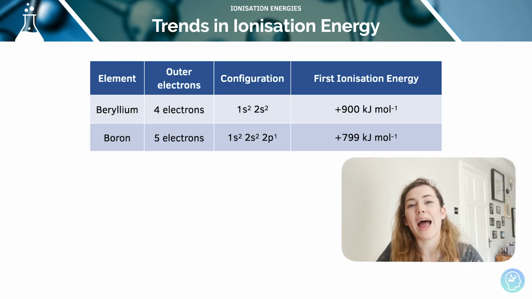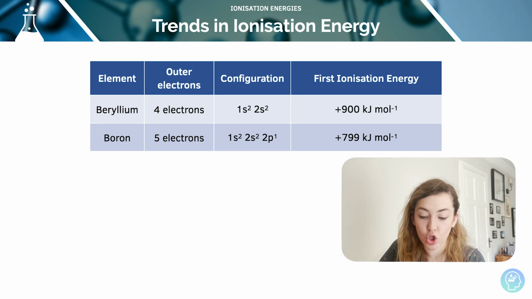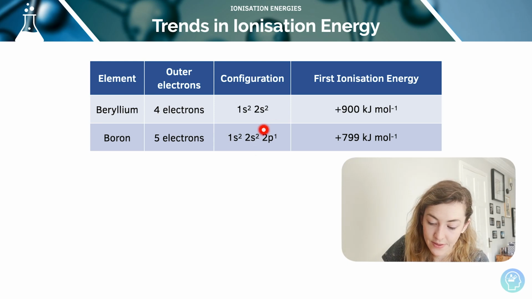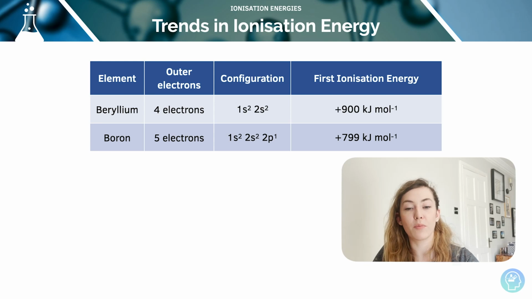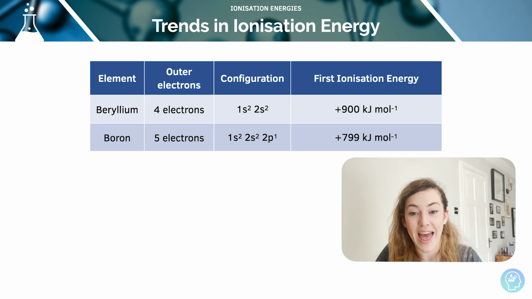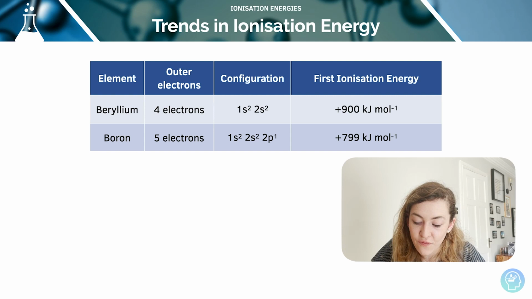So boron's outermost electron is in the 2p subshell, you can see this here, rather than the 2s subshell. So the 2p subshell is at a higher energy level, and therefore it's found further away from the nucleus. And it's therefore also going to experience a little bit of shielding from the inner electrons, okay, from the inner s's. So these 2 factors are going to override the effect of the increase in the nuclear charge.